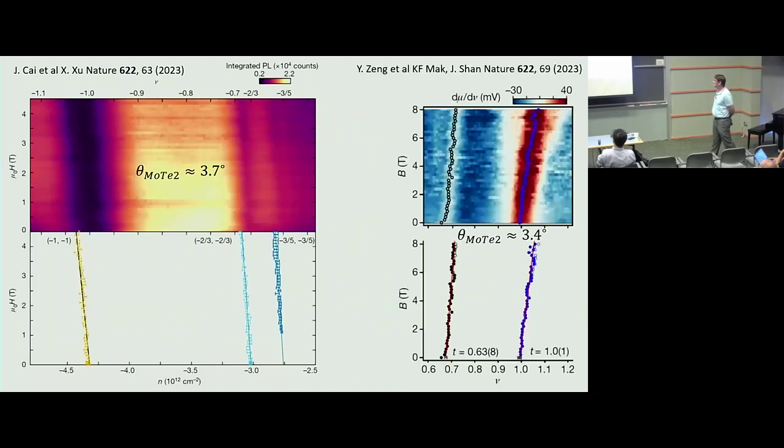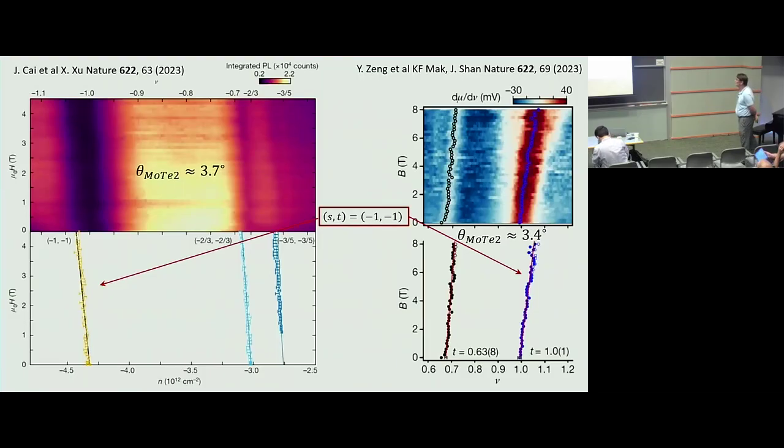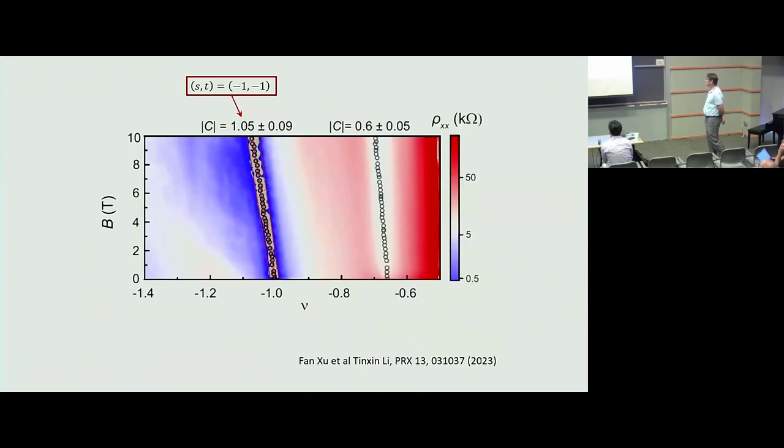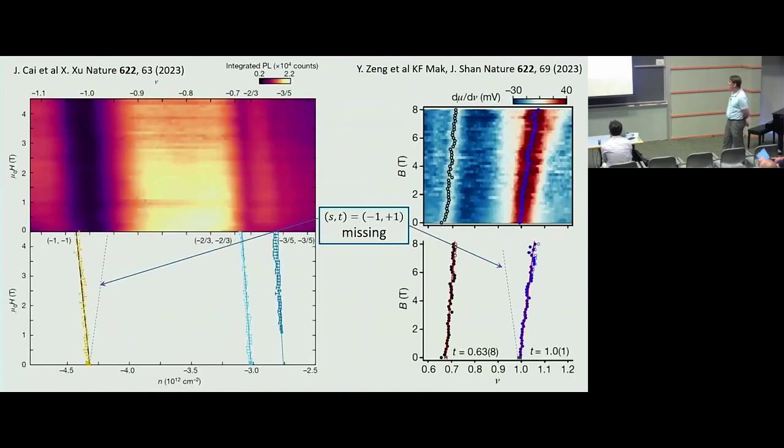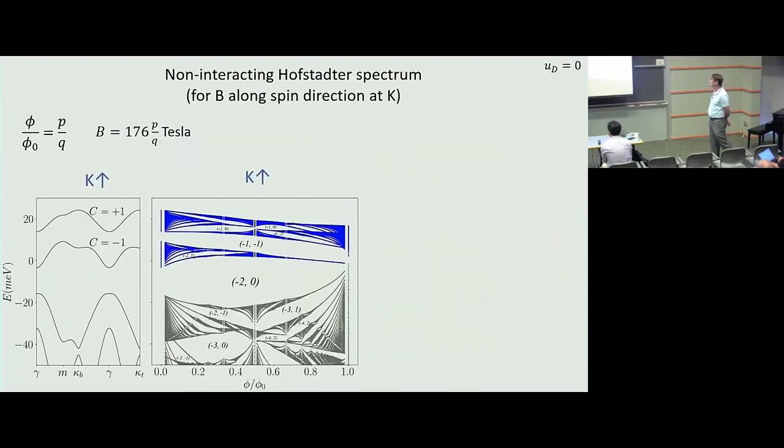Now, the prominent integer states, which are seen here, correspond to s equal to -1 and t equal to -1. And this is the same in the University of Washington group, Cornell group, also Shanghai's group. And one interesting thing is that s equal to -1, t equal to +1 is missing for this orientation of magnetic field. And so one of the things that we wanted to answer is, why is that the case?